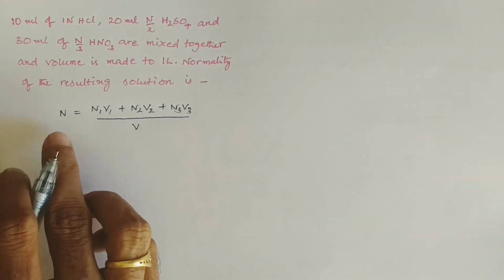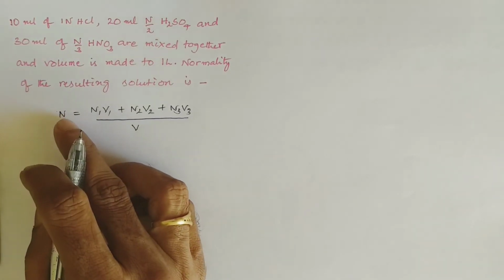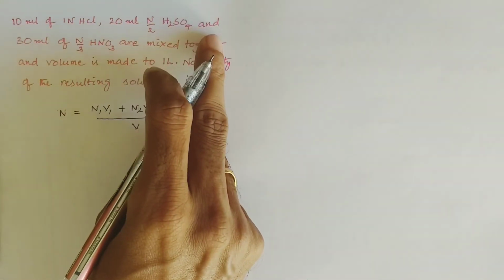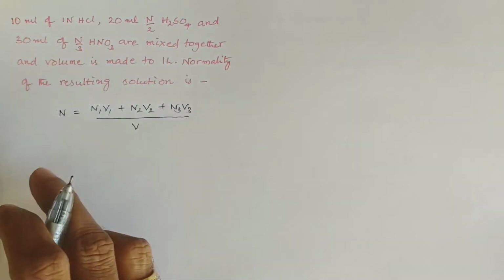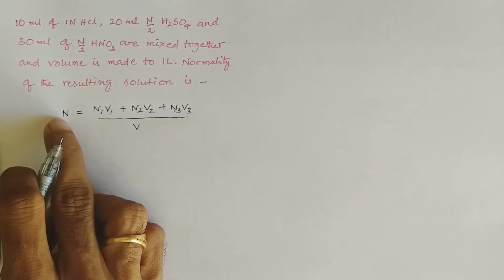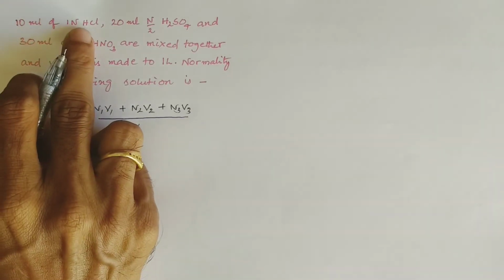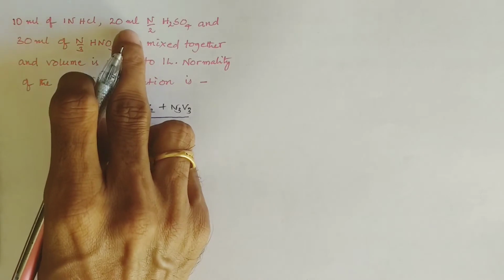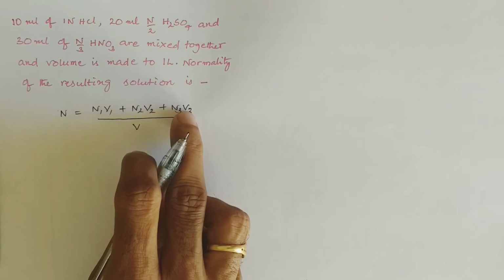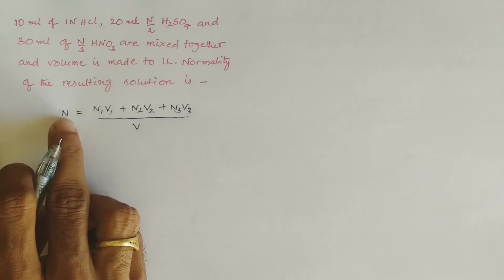So here the principle is that the number of equivalents of the resulting mixture is equal to the sum of the equivalents present in different solutions. Normality into volume gives the number of equivalents of the resulting solution, and N1V1 is the number of equivalents of the first solution, N2V2 is the number of equivalents of the second solution, that is sulfuric acid, and this is the number of equivalents of the third solution. So total number of equivalents will be equal to the number of equivalents in the mixture.